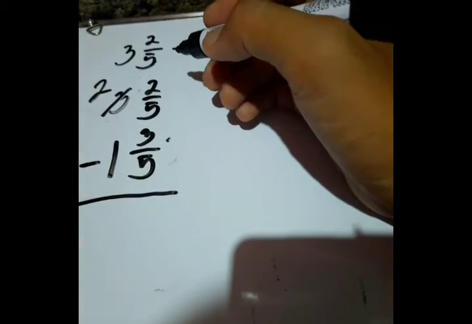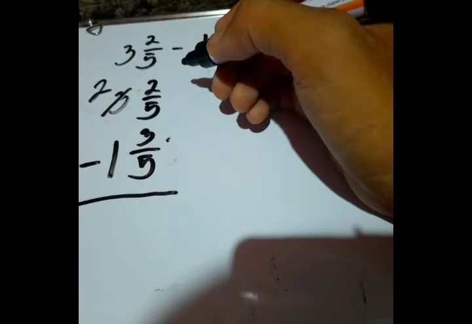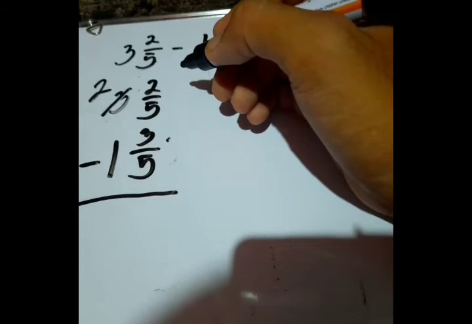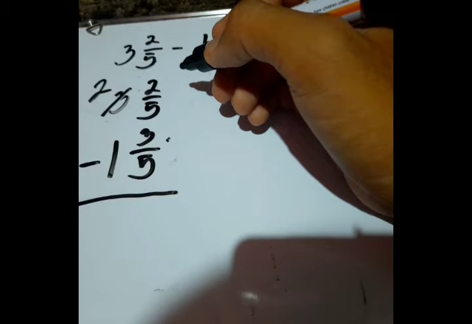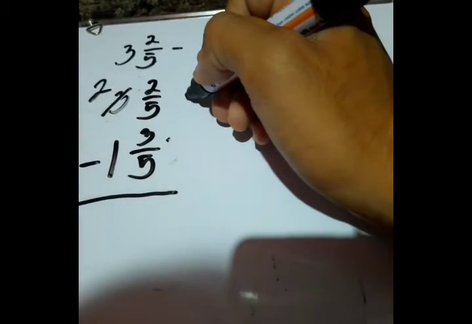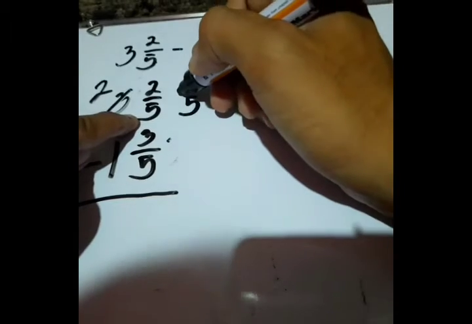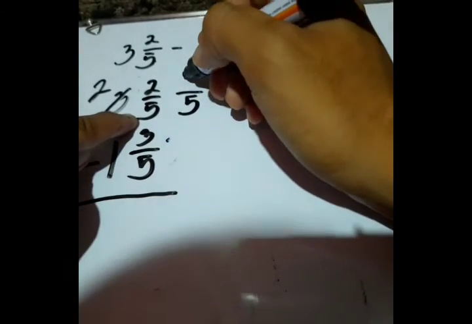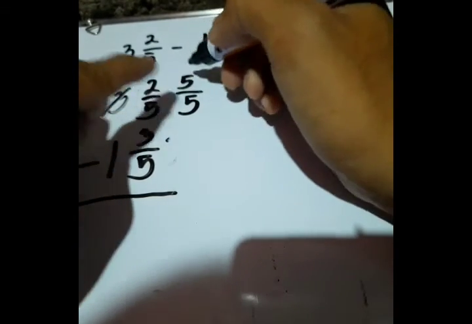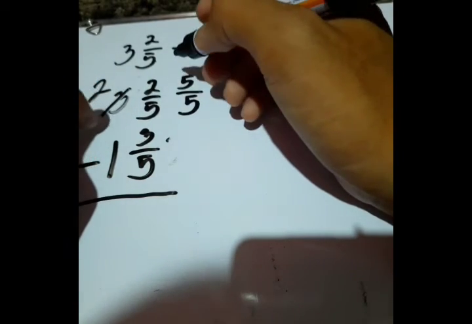Instead, we will check our denominator, because the denominator should be the same in terms of the borrowing. So what I'm trying to say is that since we have 5 here, we have 5 over 5. This 5 over 5 now should be added to 2/5.